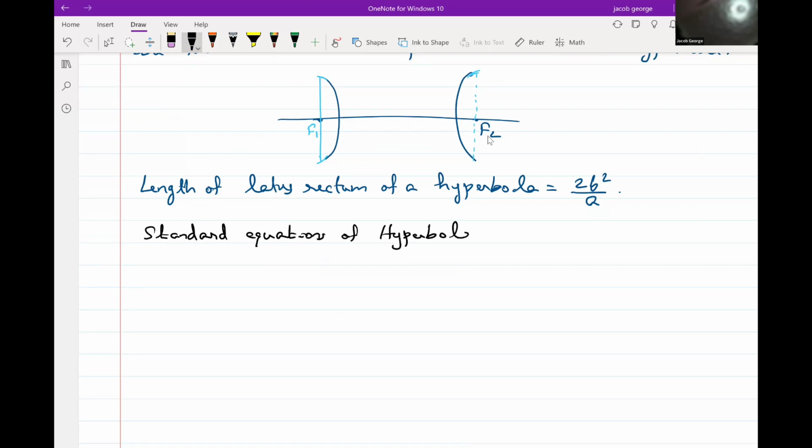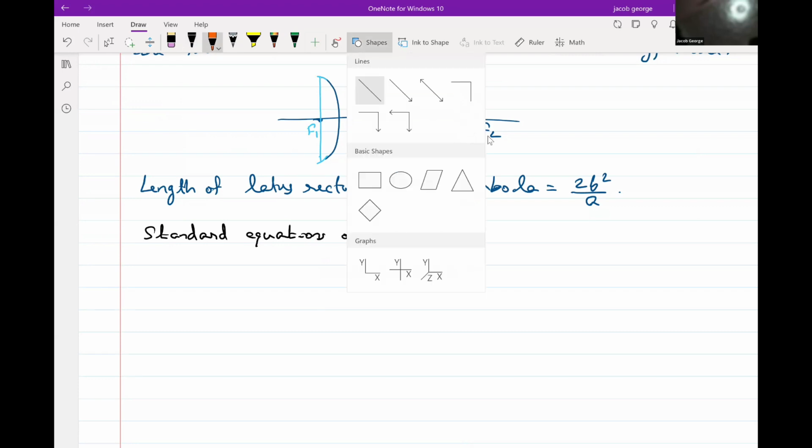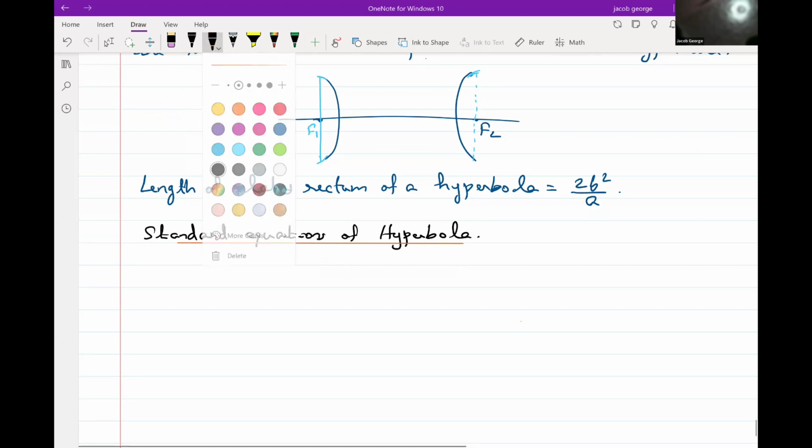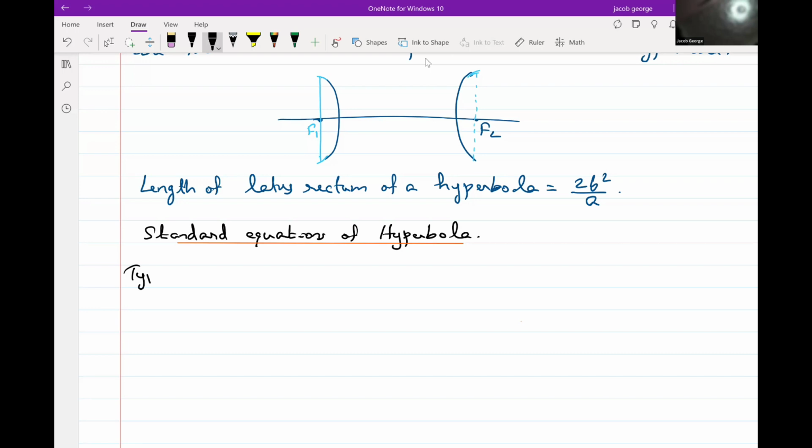Standard equations of hyperbola. Type number one, transverse axis is x-axis.